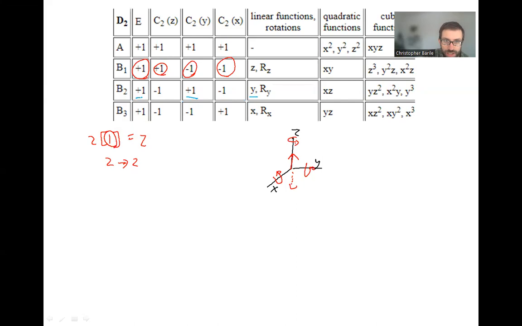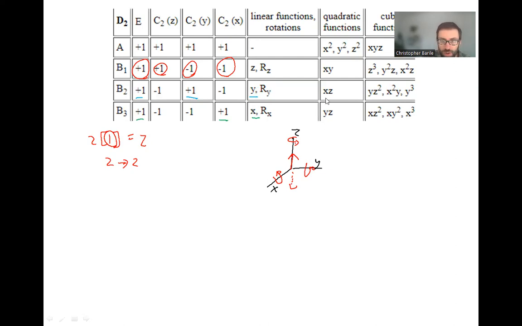Of course, identity stays as a +1. And then if we were to look at an x vector, the C2x keeps it unchanged, and of course identity, the other ones flip it. Okay. And Rx and Ry and Rz are very similar, they're just rotations, and those end up transforming the same.